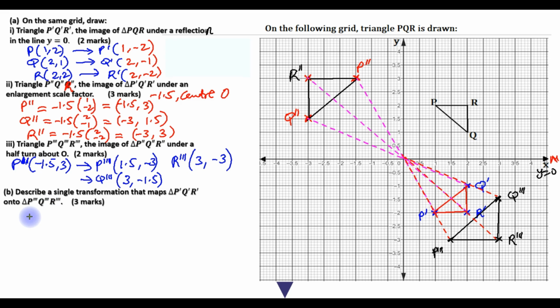So to get the scale factor, it will be image distance over object distance. In this case, this is our O, center of enlargement. So OP triple prime divided by OP prime will be equal to, in our case here, change in y, this will be minus 3.